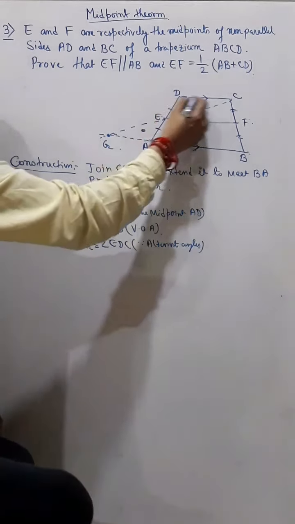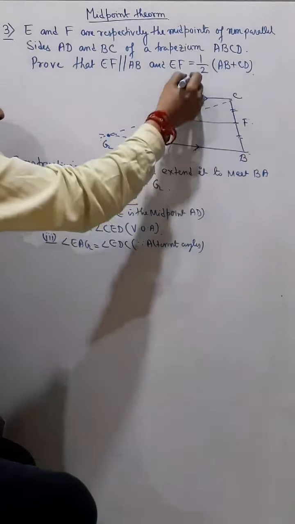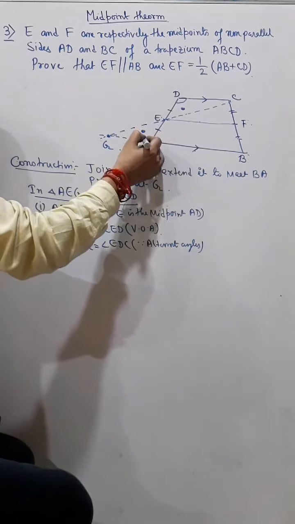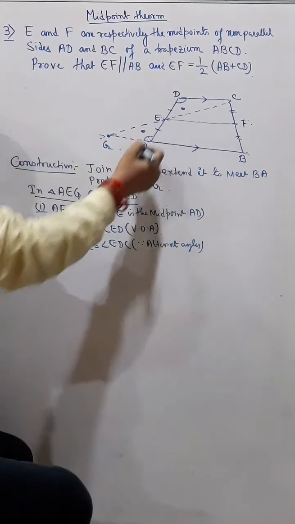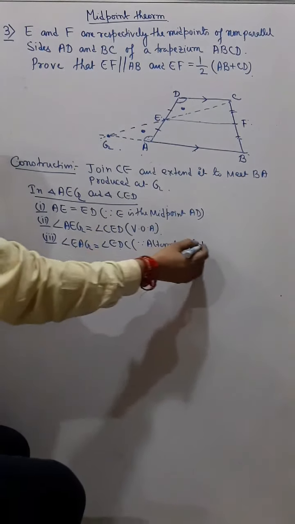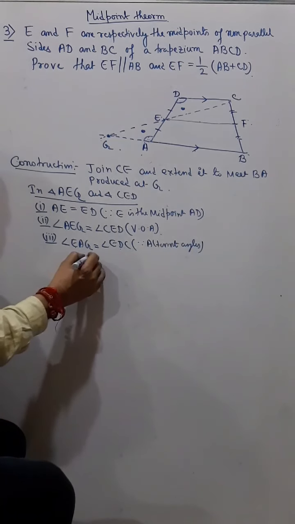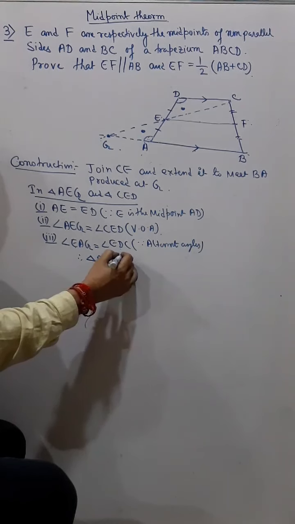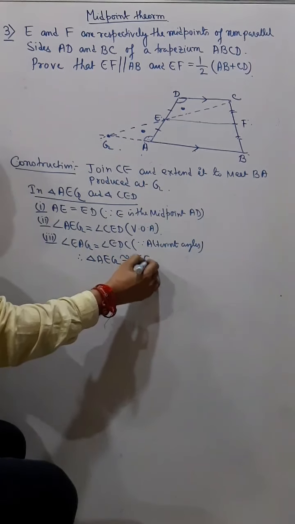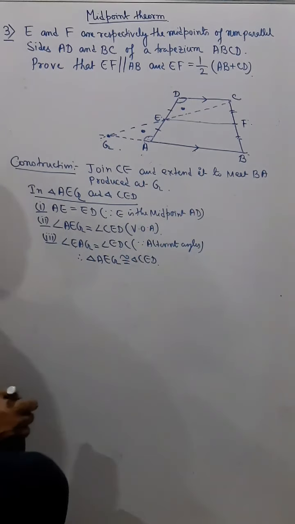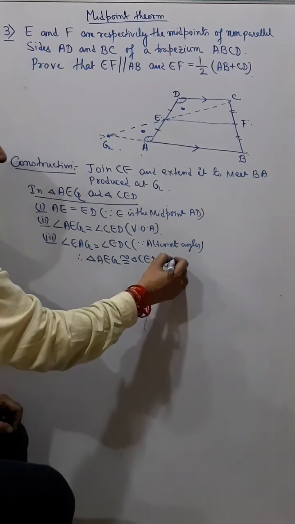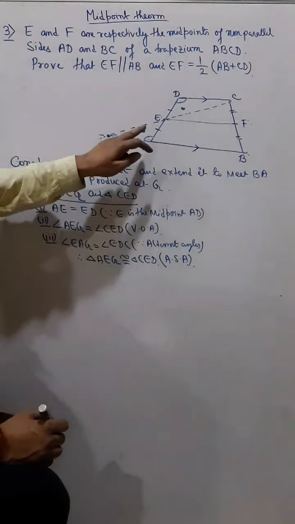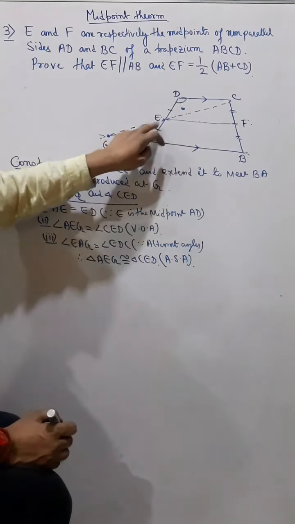So you can understand these two lines are parallel and this is a transversal. So we can say that this angle is equal to this angle. So these are the alternate angles. So therefore EAG is equal to EDC, alternate angle, and therefore we can say triangle AEG is congruent to triangle CED. Okay, and the criteria is angle, side, angle. ASA criteria. So now we have seen that these two triangles are congruent.